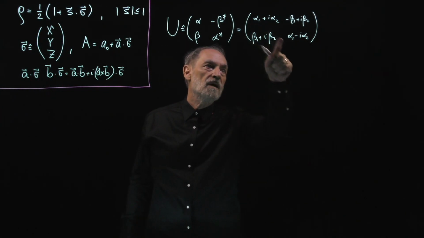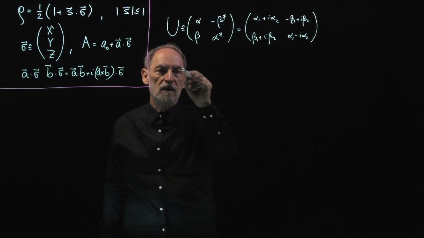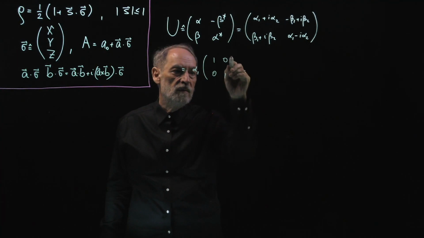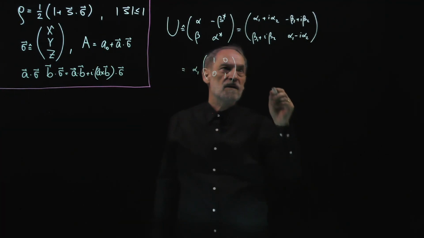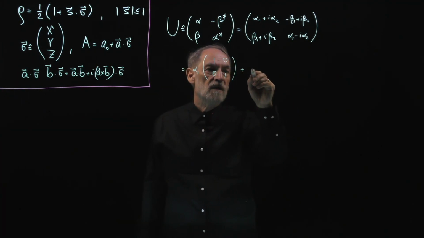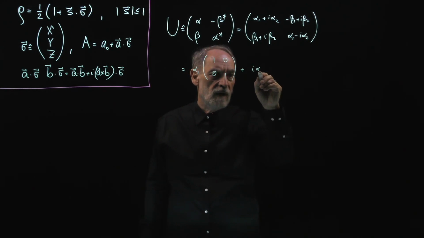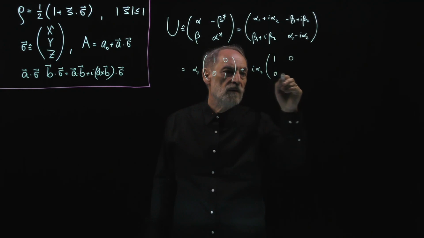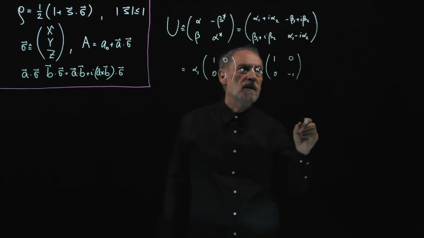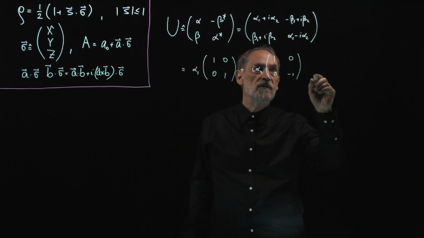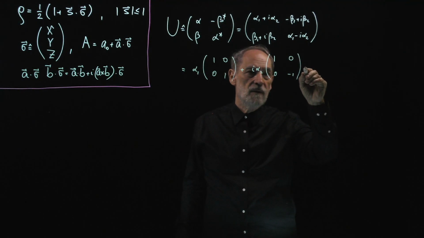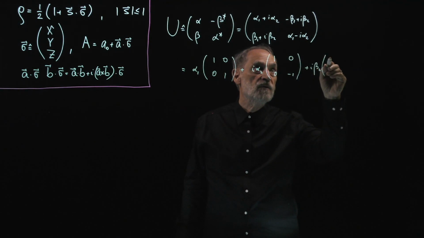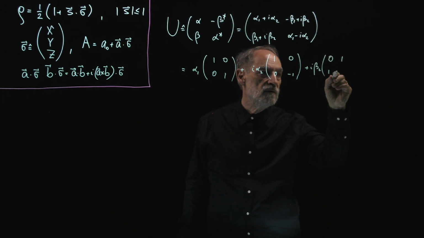So first of all, I write the part that goes with alpha 1, and that is just the 2 by 2 unit matrix. Then let's identify what goes with alpha 2, or rather I times alpha 2. That's 1, 0, 0, negative 1. Then I will identify what goes with I beta 2, and that is the matrix that has 0, 1, 1, 0.